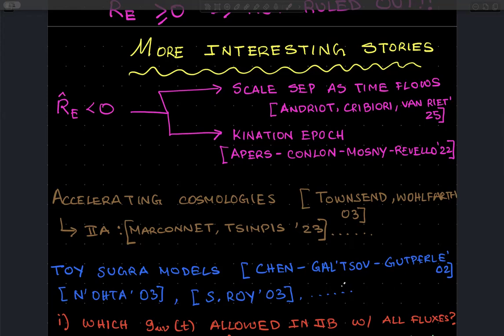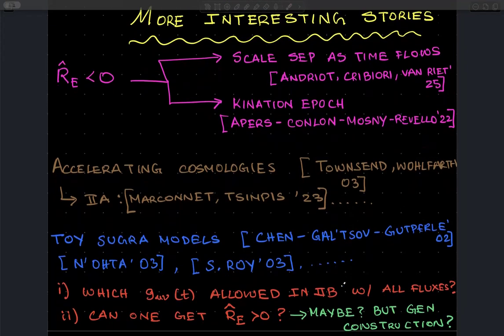So this lets us ask the question: what kind of four-dimensional time-dependent background is allowed in type 2B with, let's say, all fluxes or some combination of the fluxes? And on a more interesting note, can one get a four-dimensional Einstein-frame Ricci scalar greater than zero?